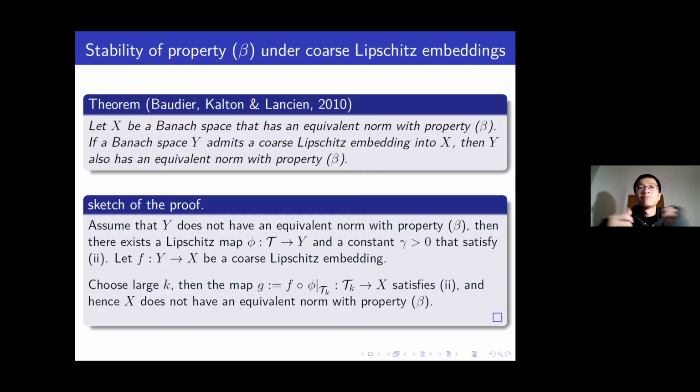So if you choose large k, and you consider the composition of the restriction of phi and f, this composition is again a partial Lipschitz embedding, which satisfies item 2 in the theorem. And now by the characterization, this is not possible because X has an equivalent norm with property beta. So this is the idea of how to prove this theorem.